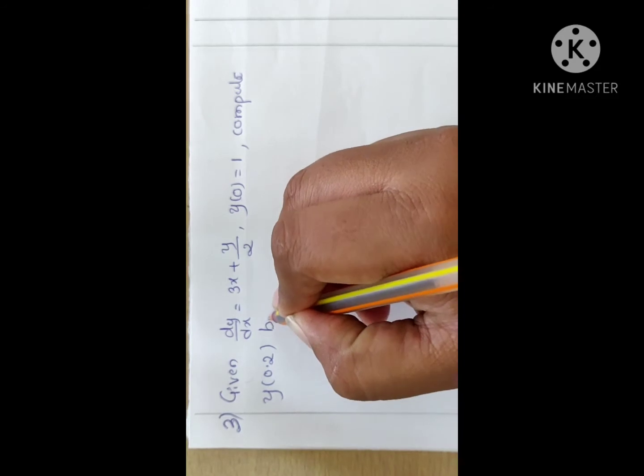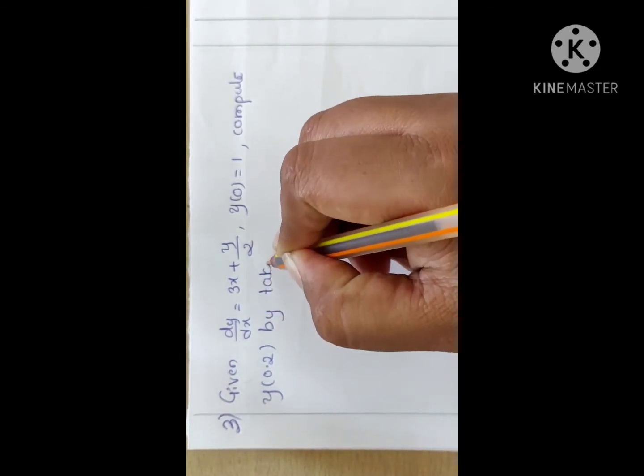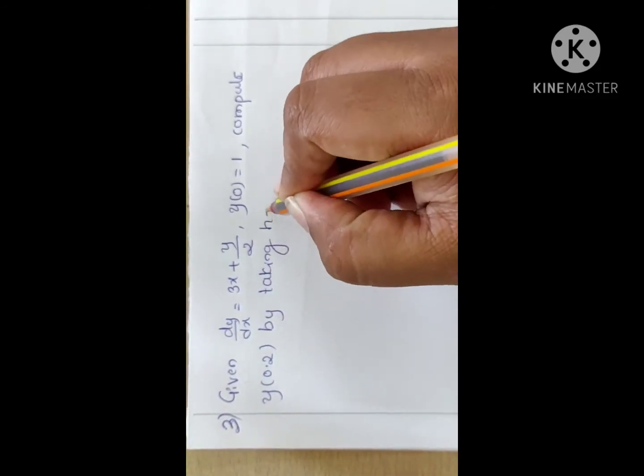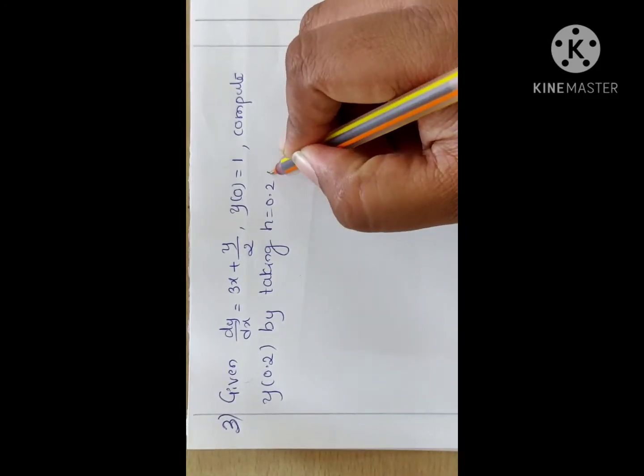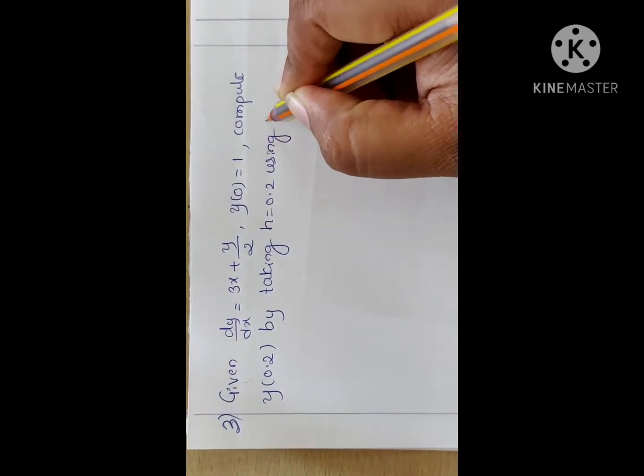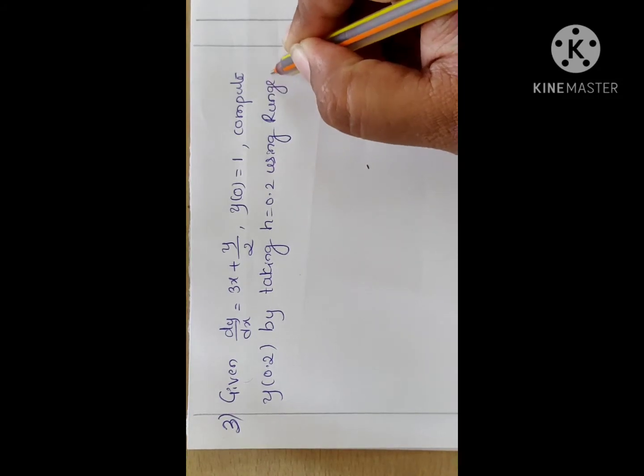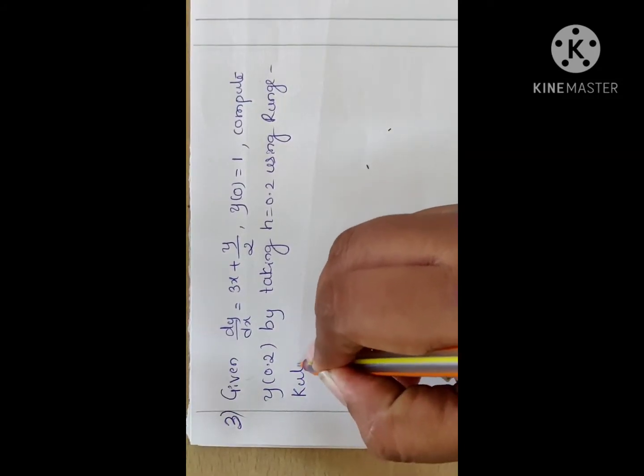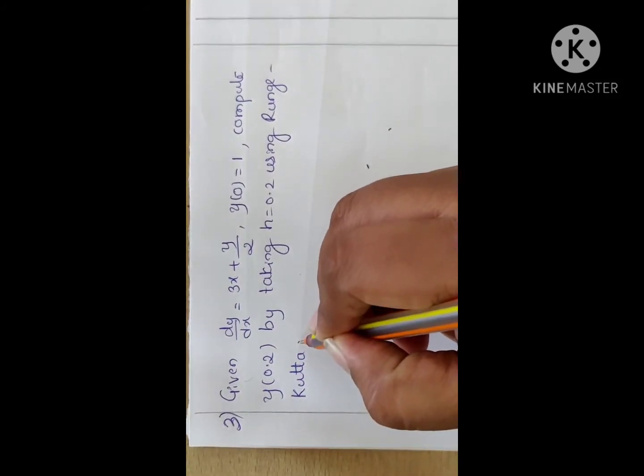by taking h is equal to 0.2 using Runge-Kutta method of fourth order.